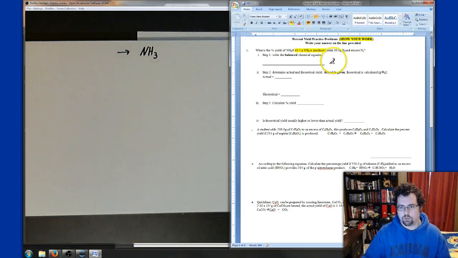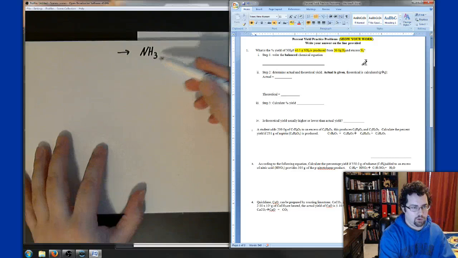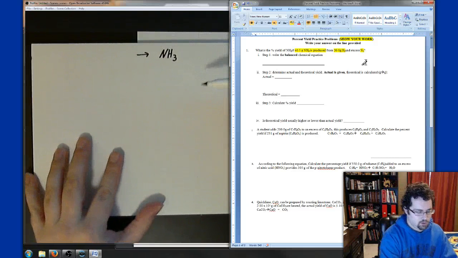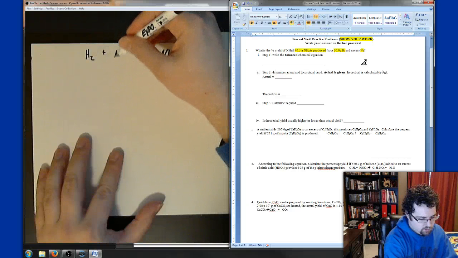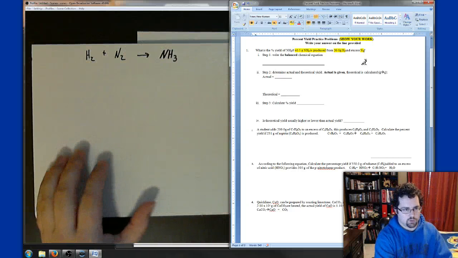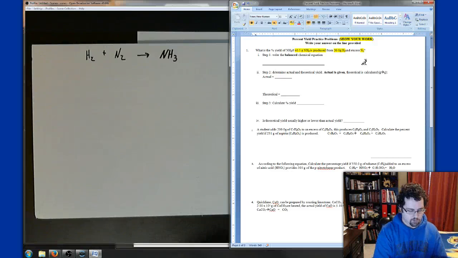And then it says from 20 grams of H2 and excess N2. So I know hydrogen and nitrogen are creating ammonia in this reaction. So H2 plus N2 results in NH3. Alright, so there's the chemicals, there's the equation, and I just need to balance it now.